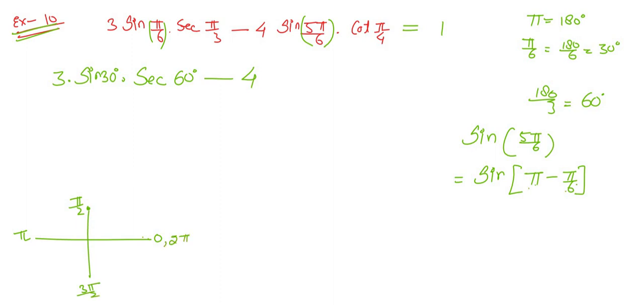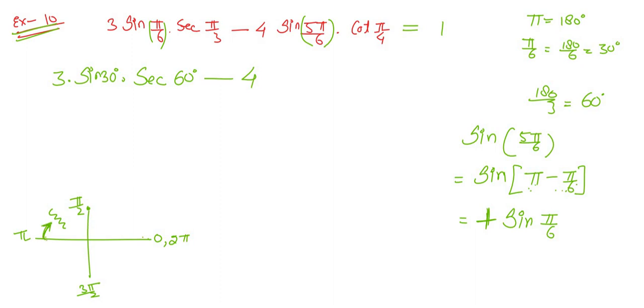So pi minus theta means a little bit less than pi, which is in the second quadrant. Okay. So in the second quadrant, sine is positive. So it will be plus sine pi by 6. That is how we write.